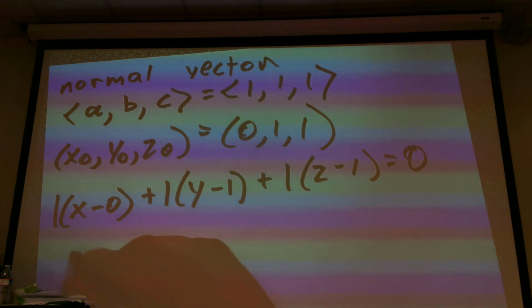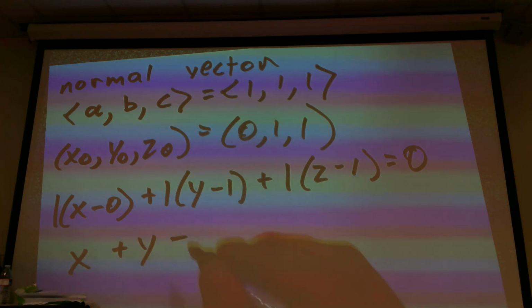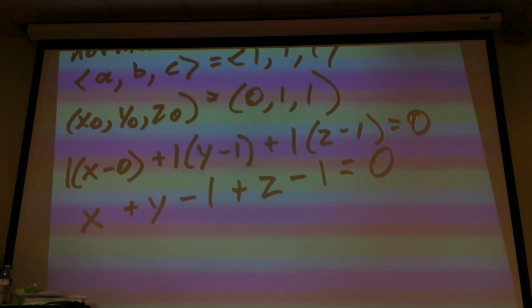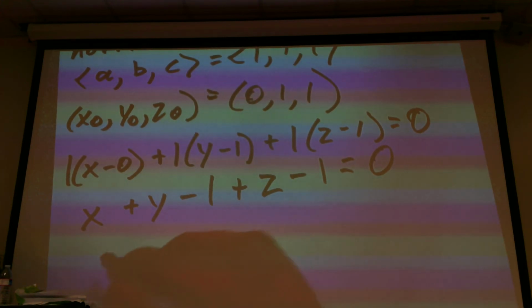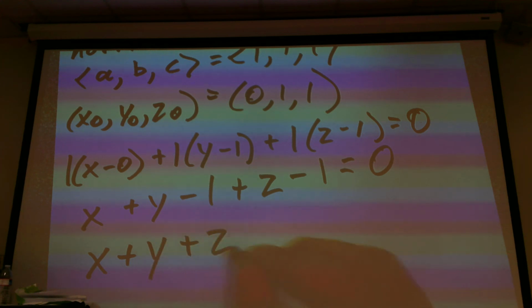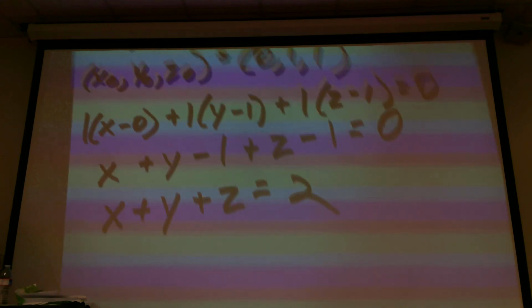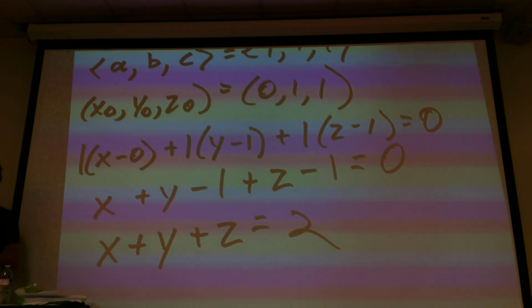So, we have x plus y minus 1 plus z minus 1. All of that comes out to 0. And so now if I add 1 and 1 to the other side of the problem, I get x plus y plus z is going to equal 2.